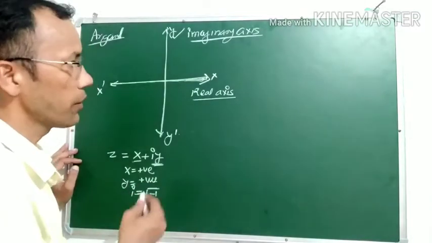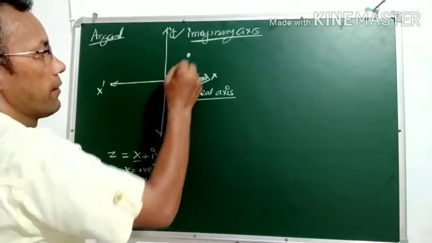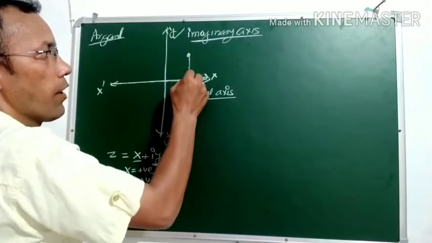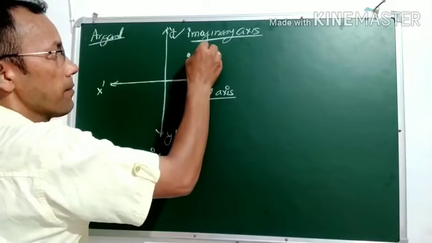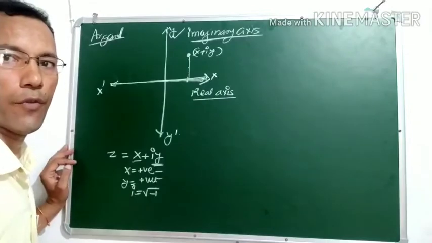So how to represent it? If both are positive, this is the x part, here this is the y part. We call it x plus iota y.